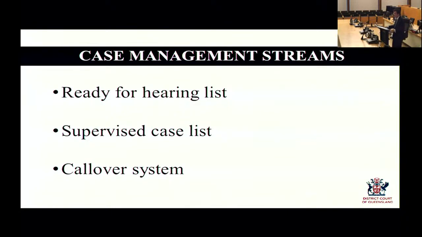It is on this date that issues with respect to service and directions generally will be dealt with. One of the directions that will be made, if allocated to the ready for hearing list, is one with respect to a pre-hearing review. And this is the review at which the fixed dates would be given for the matter on the ready for hearing list.